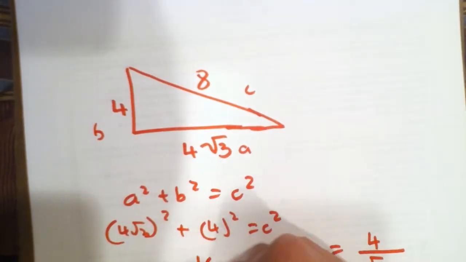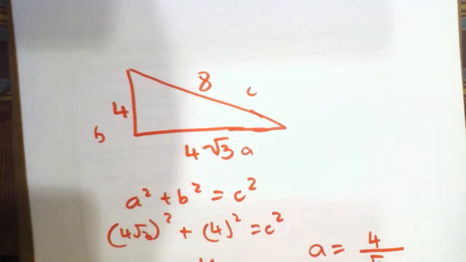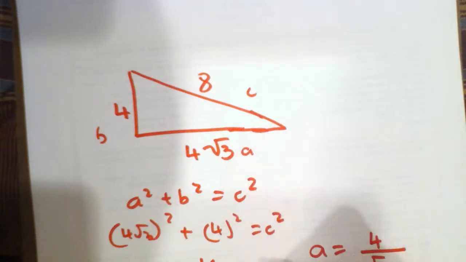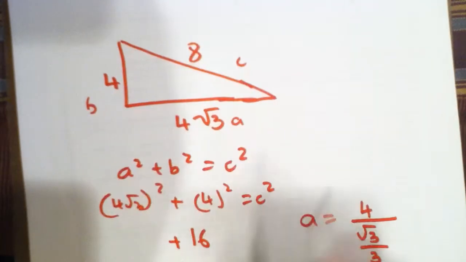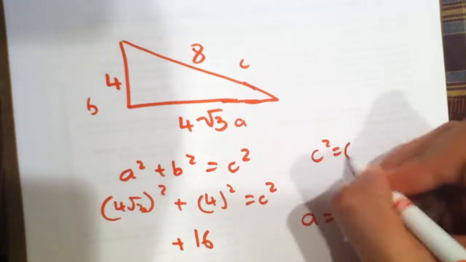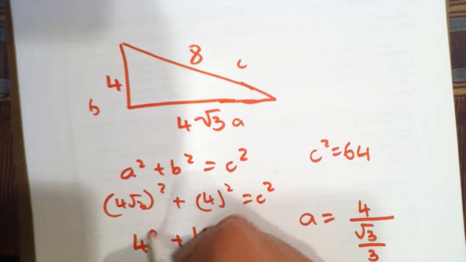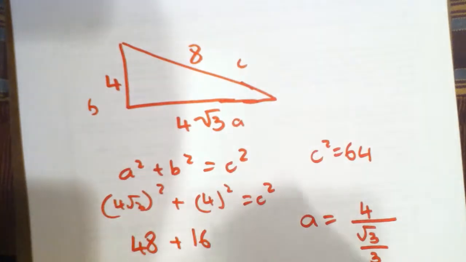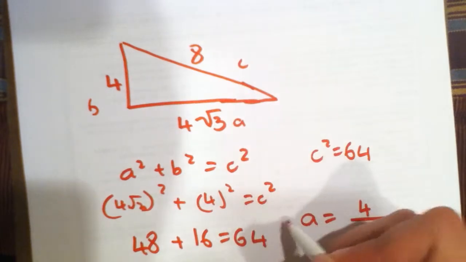And this is 16 plus 48. We should actually achieve 64 if we've done this correctly, because C is squared. So C squared is equal to 64. So that does equal 64, so we have done our calculations correctly.